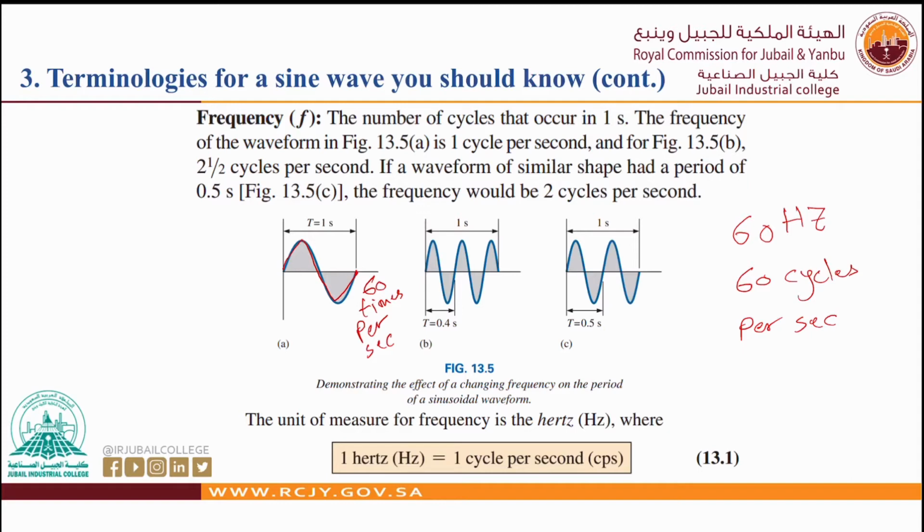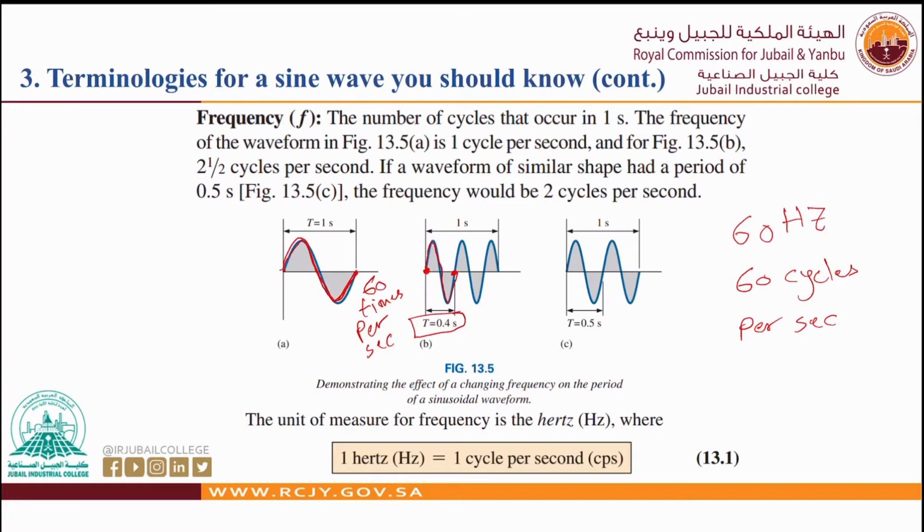Now, as you can see here, if I decrease the period to 0.4, the cycle is now smaller than this cycle, right?